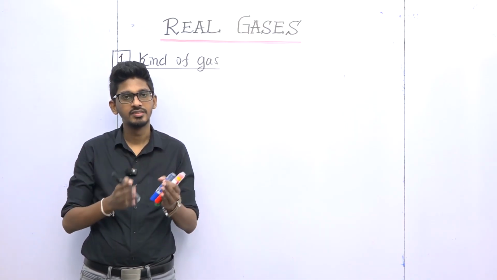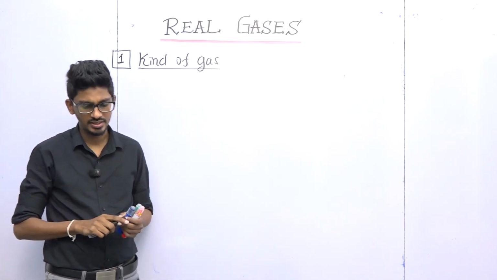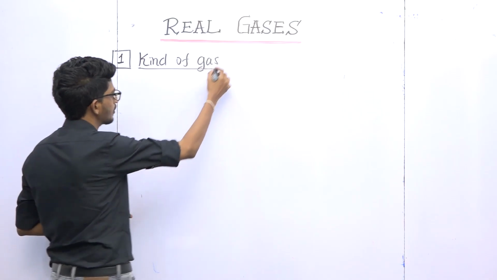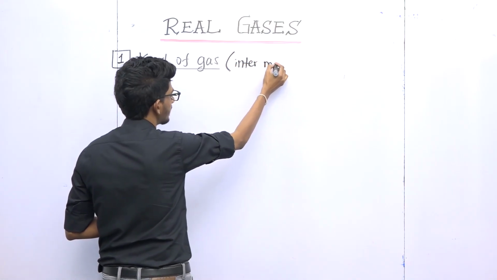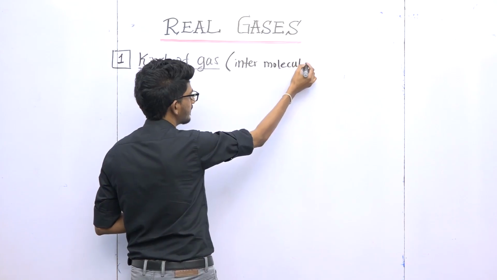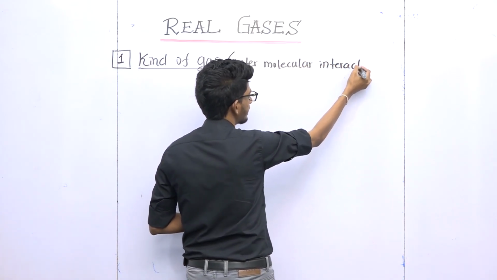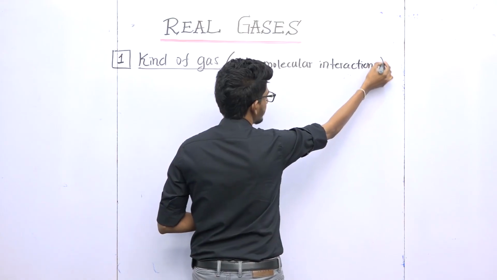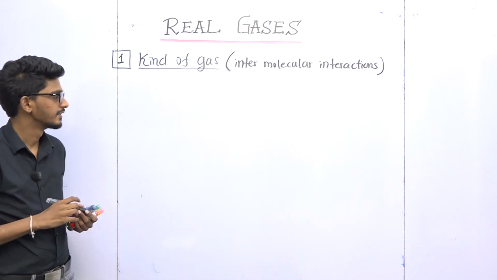When the gas varies, the intermolecular interactions will vary. So one can say the kind of gas or intermolecular interactions.